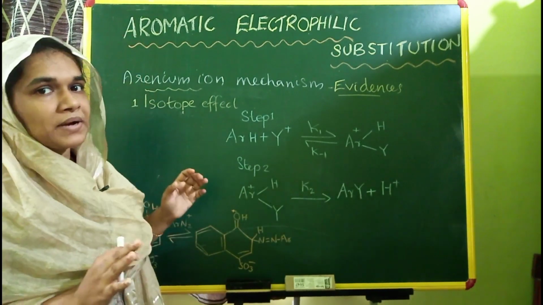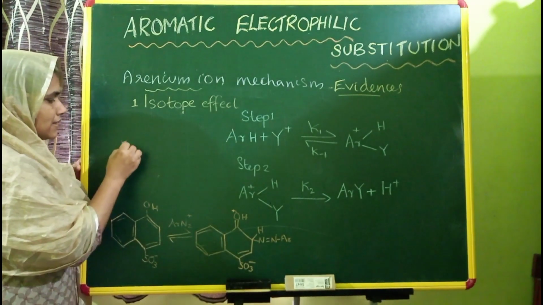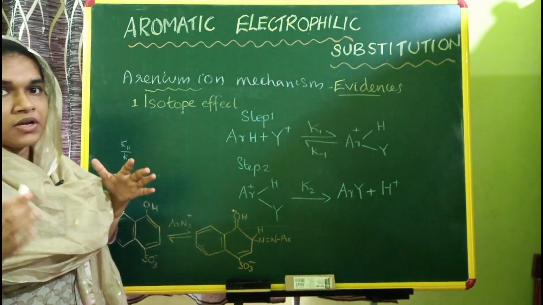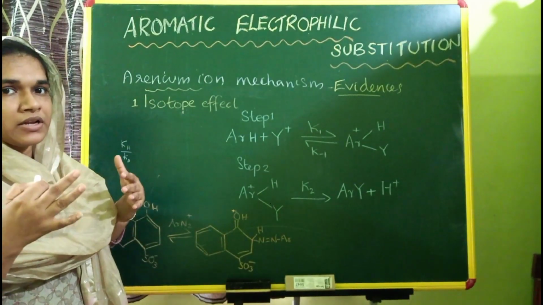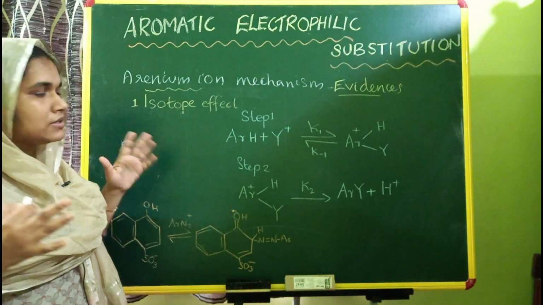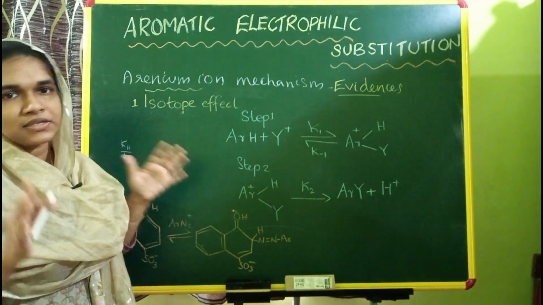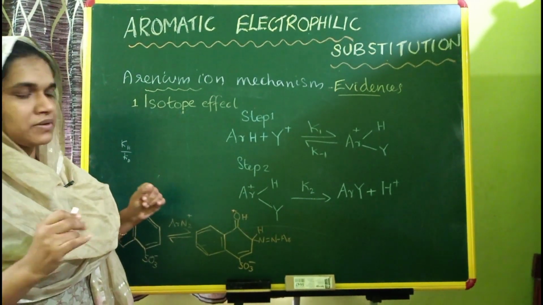That is mainly the primary kinetic isotope effect, which has a value of kH/kD of approximately 6 to 7. But in the case of electrophilic substitution reactions, no such primary kinetic isotope effects are present.